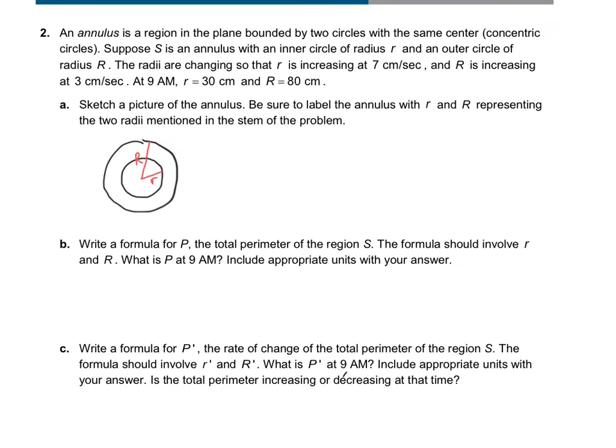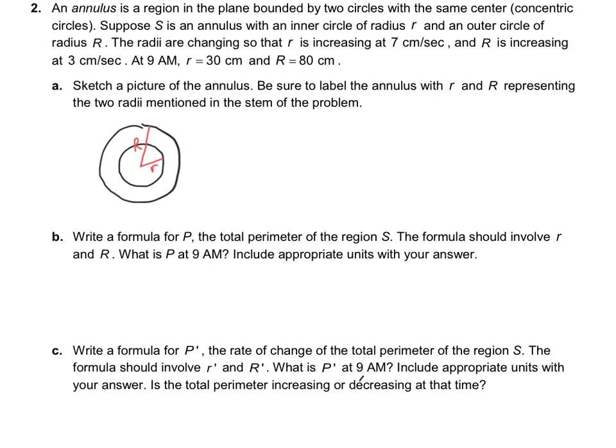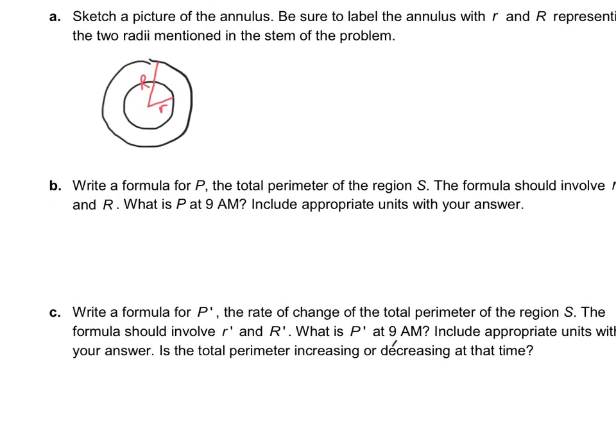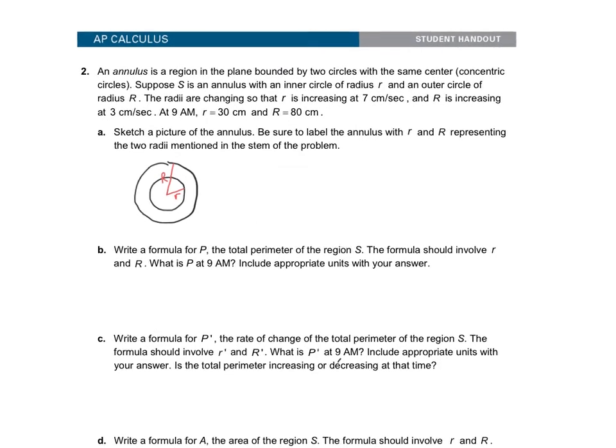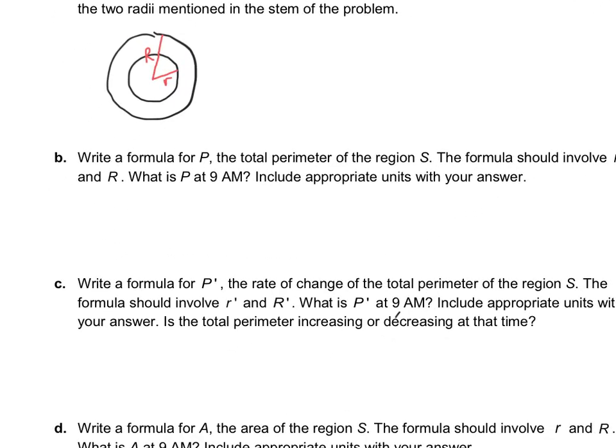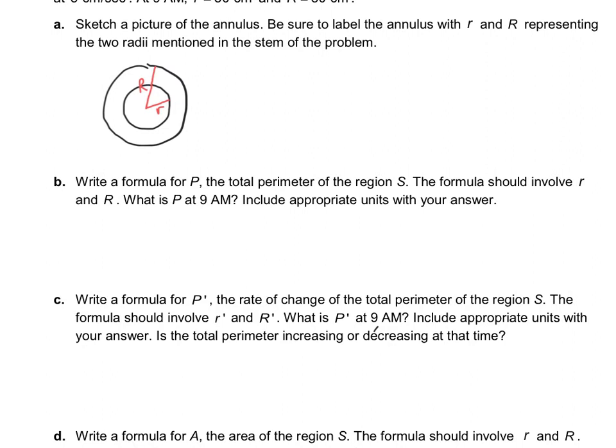Write a formula for P, the total perimeter of the region S. The formula should involve little r and big R. So the actual figure is like this figure here. Let me try this.